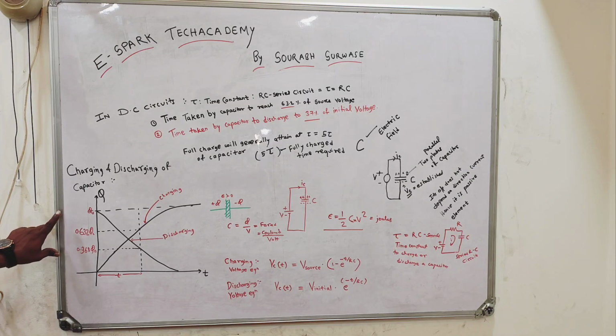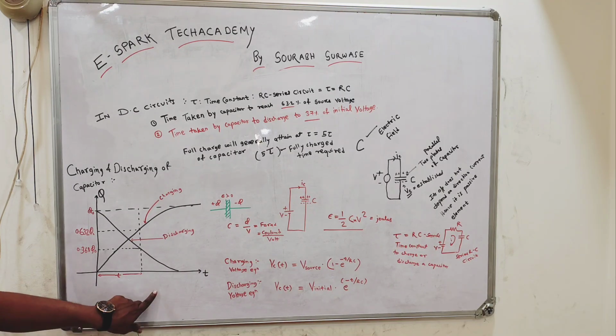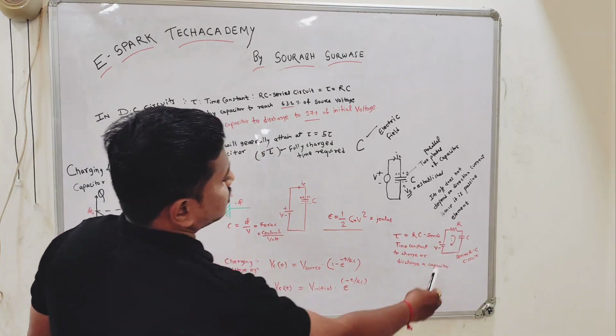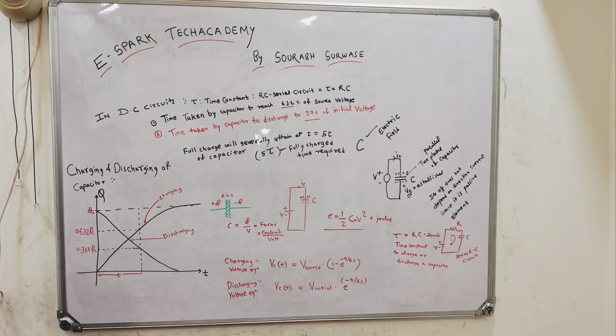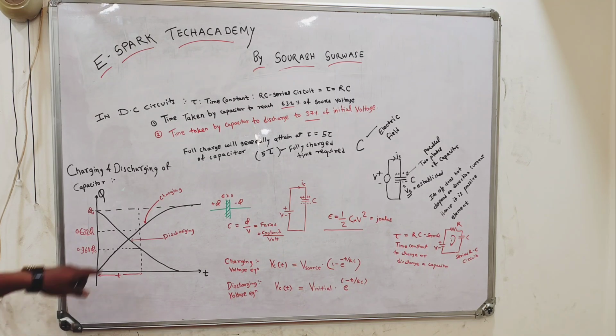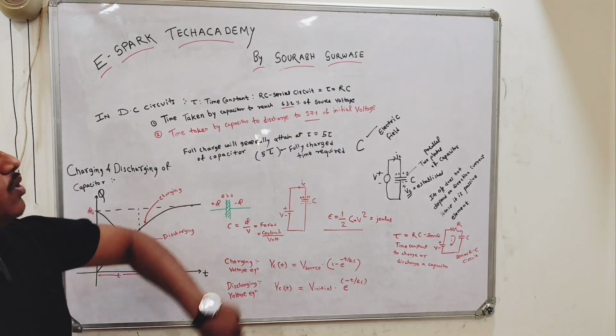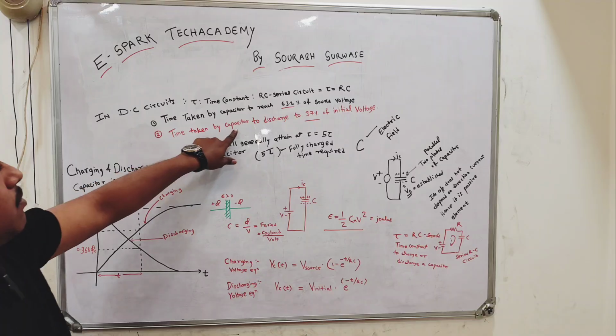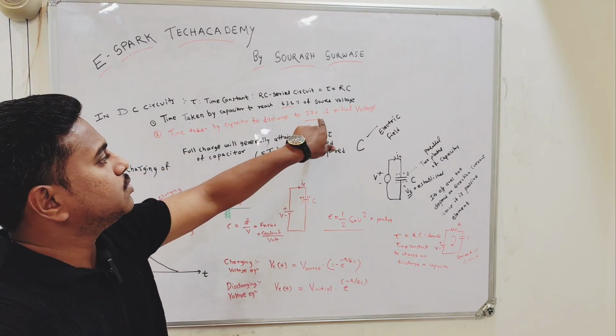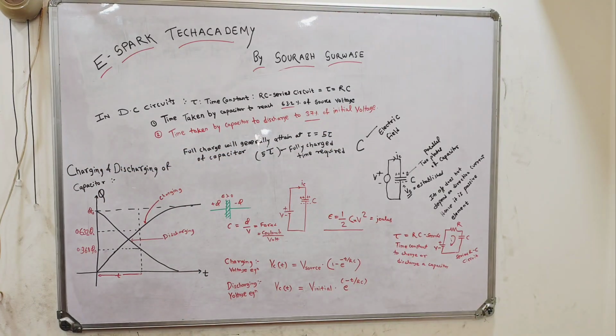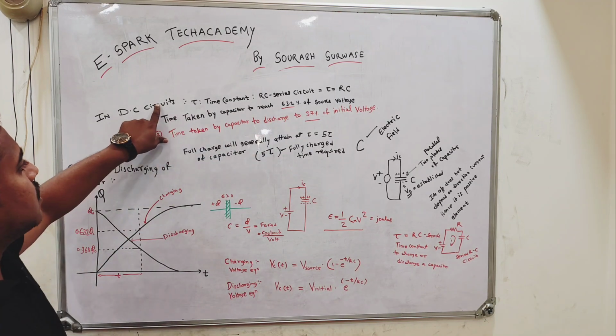Now if you look at the figure carefully, it is showing the charging and discharging of a capacitor. The charging and discharging of a capacitor takes place exponentially when a voltage is applied in this RC series circuit. The time taken to charge a capacitor to reach 63.2% of its voltage, or the time taken by a capacitor to discharge from fullest to approximately 37% of its initial voltage, is nothing but the time constant.